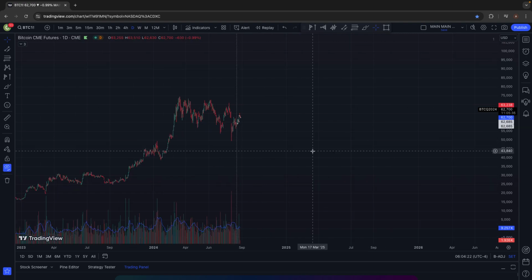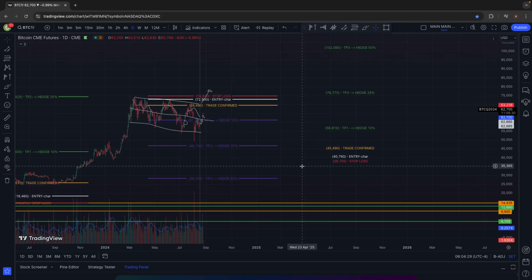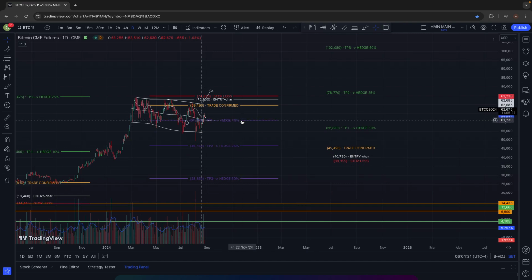Now I'm going to turn on my drawings just so you guys see that the lowest I'm really looking for in the consolidation at this point is this: first I want to see if we can lose 61,000. If we lose 61,000, yes, the risk of us going down to like 46 is there. But before 46, I'm looking at 56. I want to see if 56 acts as support moving forward. If so, that's fantastic. I know we've already SFP'd, swing failure pattern, it once.